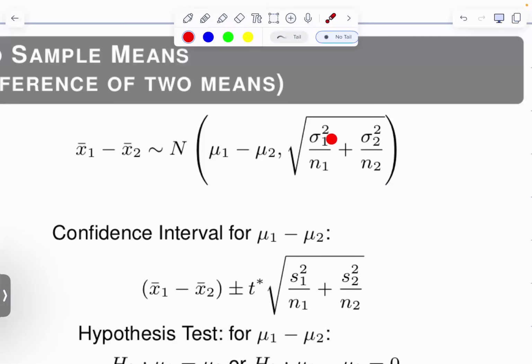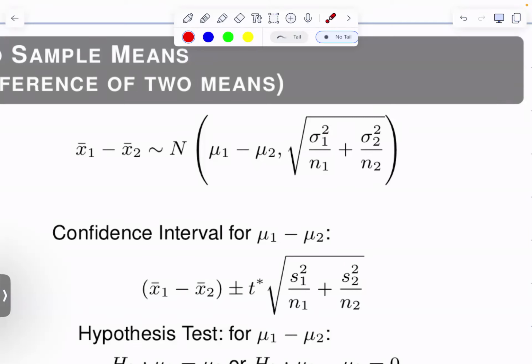We don't have sigma because that's the population standard deviation, and we don't have mu because that's the population mean. If we had either of those, we wouldn't be doing any statistics at all. That's okay. We use x1 bar minus x2 bar as our best guess for mu1 minus mu2, our point estimate. And we replace the sigma squared with the sample standard deviation, because that's my best guess.